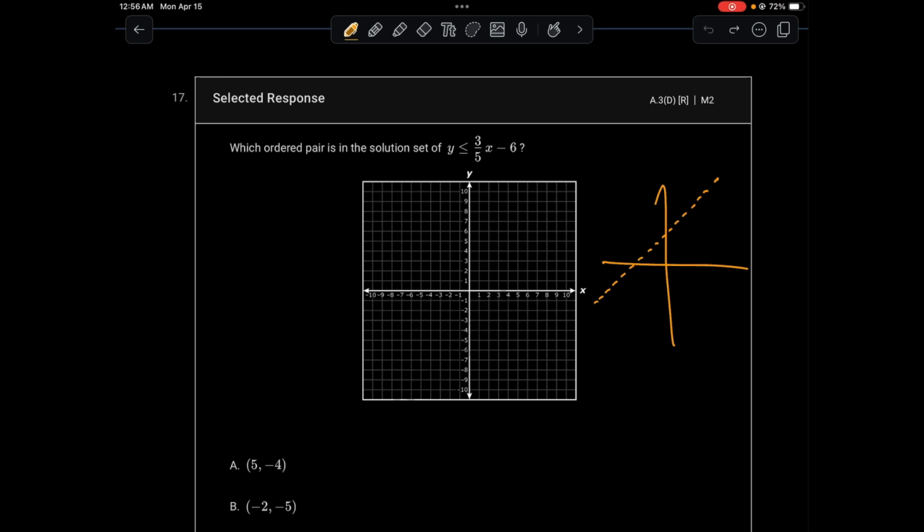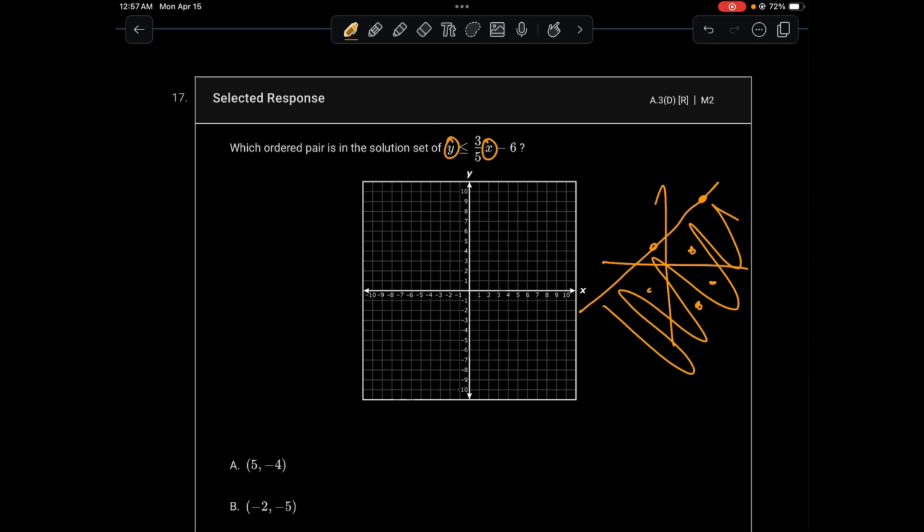So here we would have a solid line. And if that's the solid line, what about the less than? The less than means that we're going to shade underneath the line. Okay, and any point that's in this shaded area, including points on the line, those are in the solution set, meaning if you plug them in with their x and y coordinates, you're going to get a true statement.